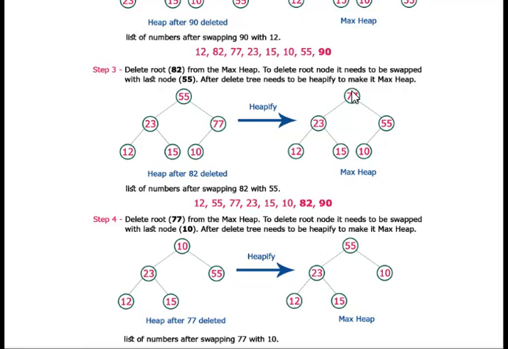Then it will be deleted from the maximum heap, and to delete the root node we need to swap with the last node, which is 10. So 10 comes to the root node, and for the next processing we heapify to make it a maximum heap.